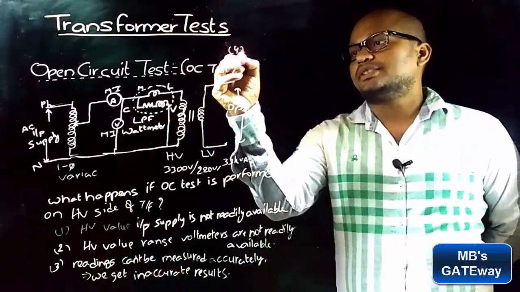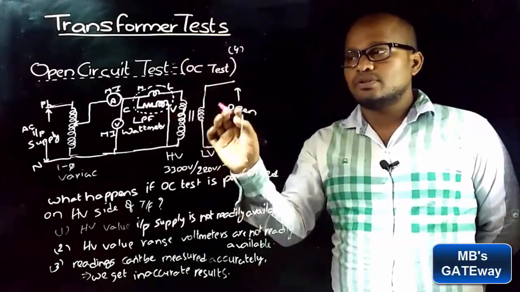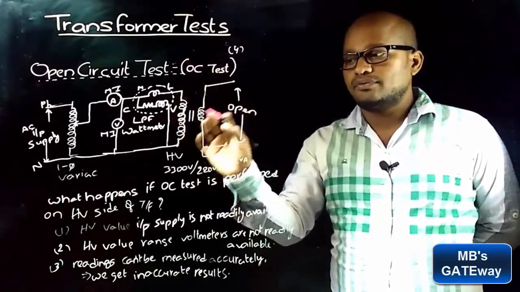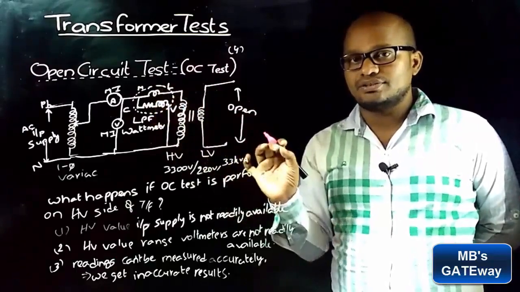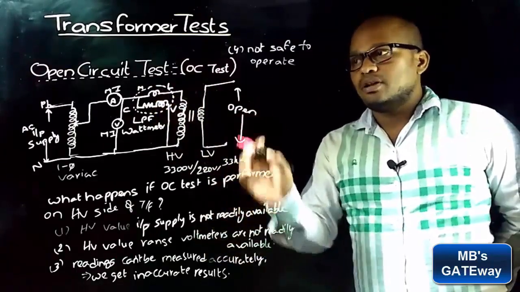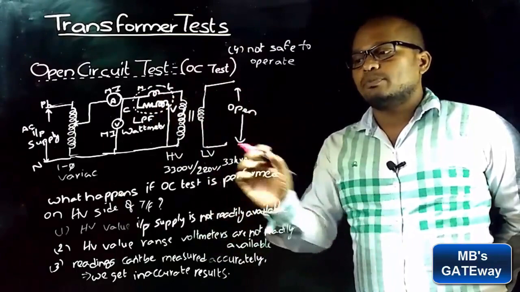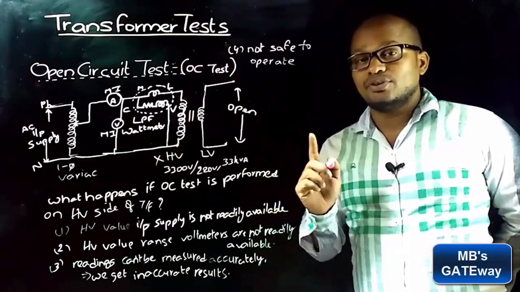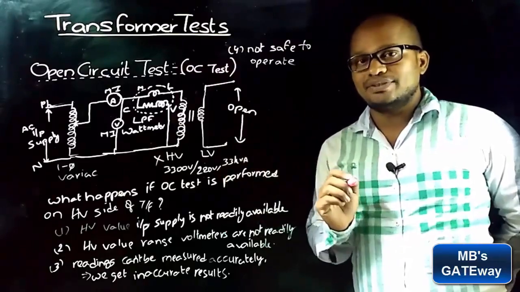And the fourth point is that from the safety point of view, it is not safe to operate at that high voltage. Because of these reasons, the open circuit test is not preferred on the HV side of the transformer. It is preferred to perform it on the LV side of the transformer.